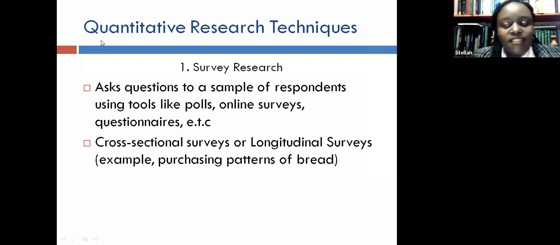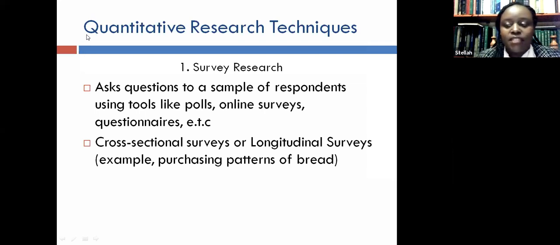surveys. When you're applying surveys, you can use cross-sectional surveys or longitudinal surveys in quantitative research. In cross-sectional surveys, you tend to look at what is happening at one particular period of time, whereas in longitudinal surveys, you are focusing over a long period of time. So take the example of the loaf of bread that we discussed earlier. For a cross-sectional survey, you might go to the supermarket and want to find out the purchasing patterns of bread today.